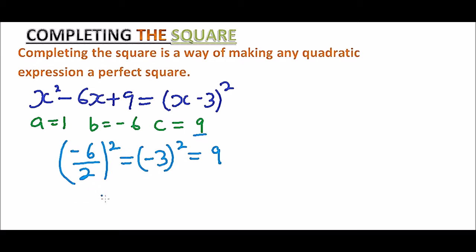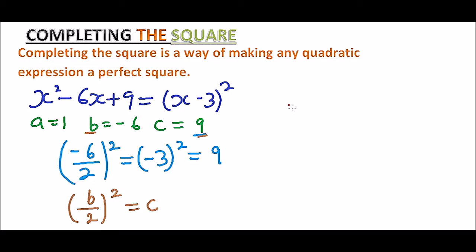So you find that we can write a relationship between b and c, and say our b divided by 2 into bracket squared will give you c. You can try with any other quadratic expression which is a perfect square, and you will find that the relationship works.